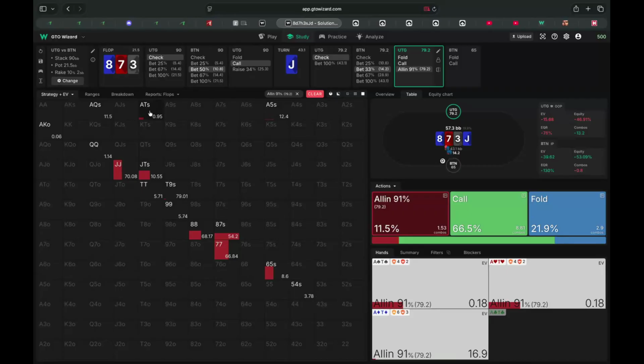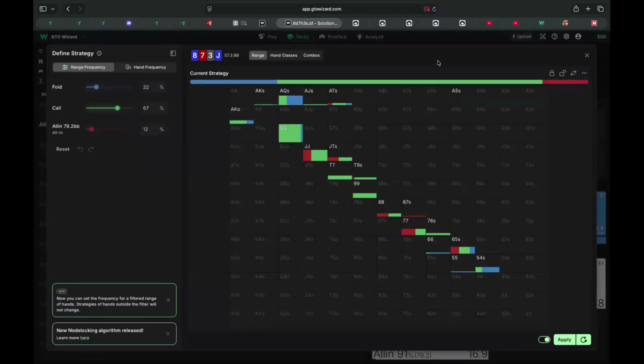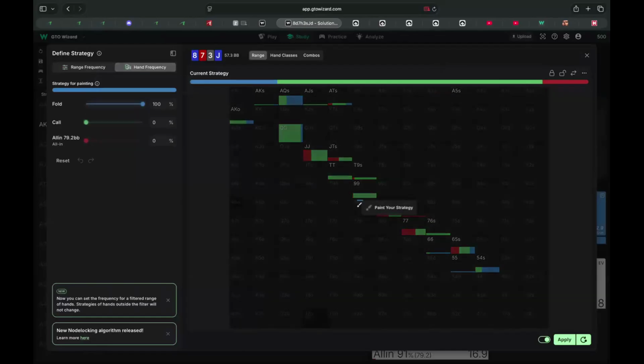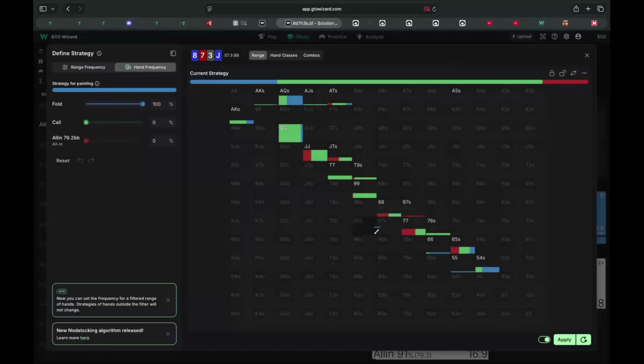Here's his jam. If you node lock here, just remove one bluff. Just one. Is that what I do? Yeah, node lock, and then let's just take out one bluff. We figured this out the other day, and I'm not entirely sure how you do it. His bluff here is ace ten. So just remove that little bit of bluff.